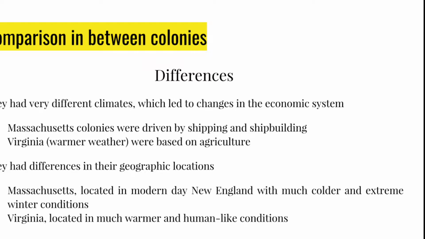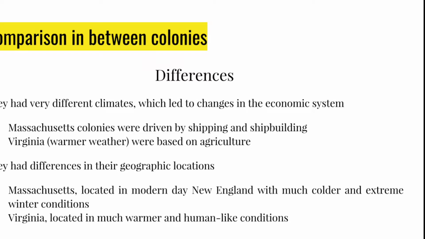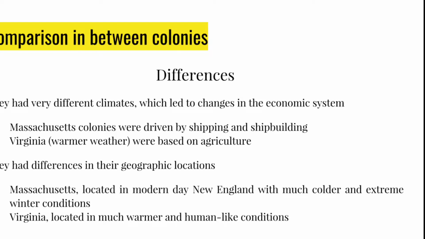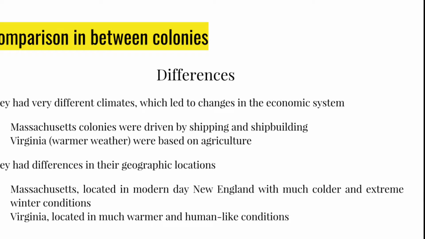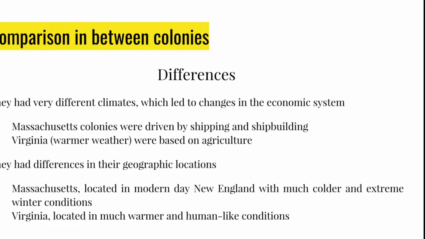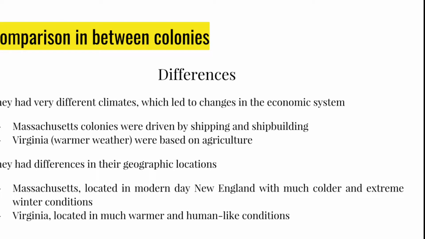For the difference in climates, which led to changes in the economic system, Massachusetts colonies were driven by shipping and shipbuilding of products. Virginia, in turn, which had warmer weather, was based on agriculture, which was, they basically cropped everything and sold by their town and colony.